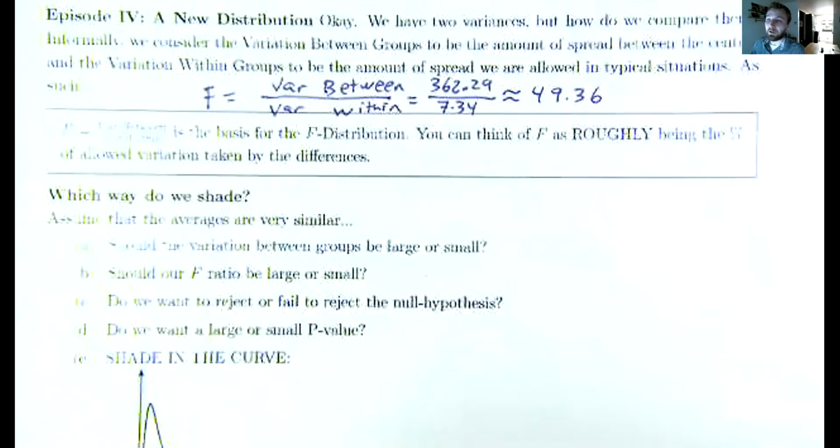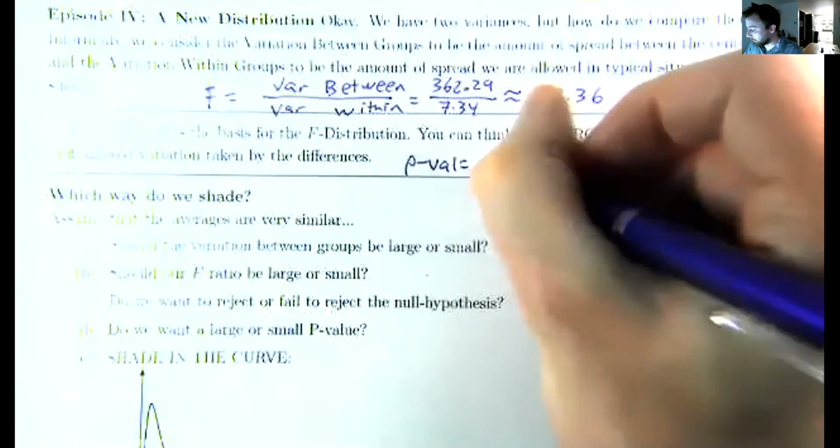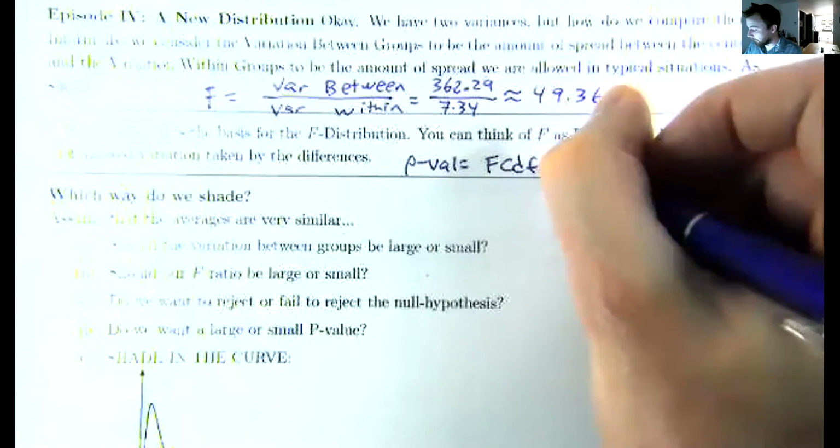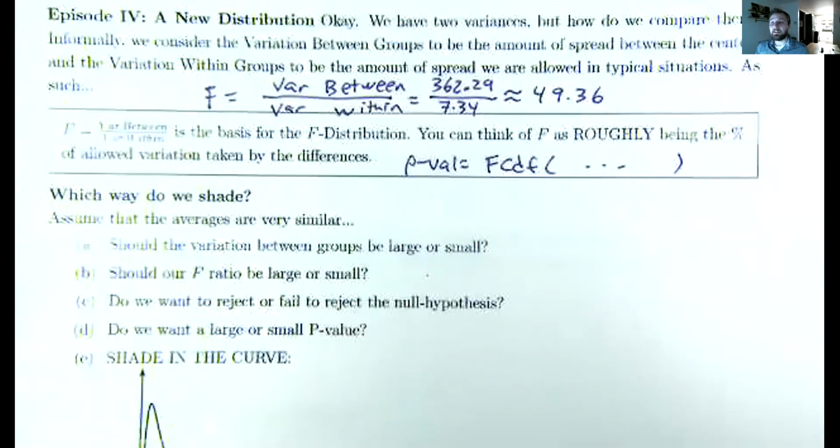This is probably an unreasonable amount. It's probably too large. What I'd like to be able to do with this F, though, is come up with the p-value by doing some sort of FCDF nonsense, in the same way that I had a t-CDF to do t-score stuff and a chi-squared CDF to do chi-squared stuff.